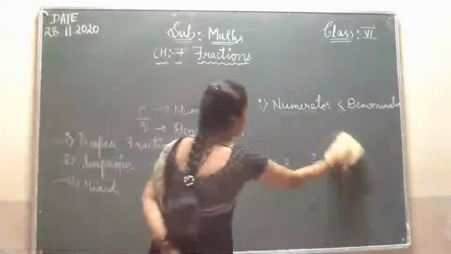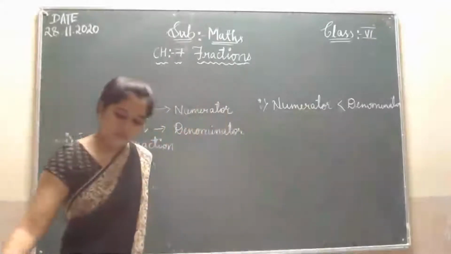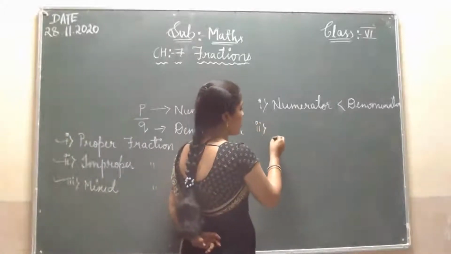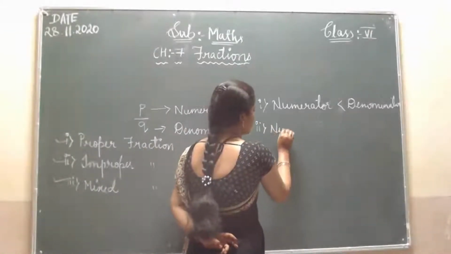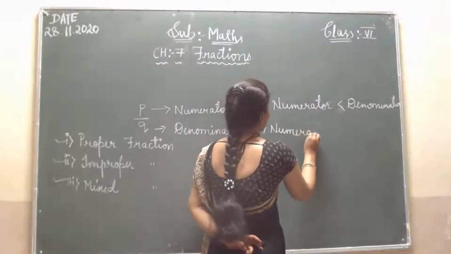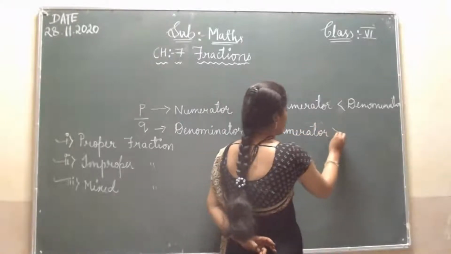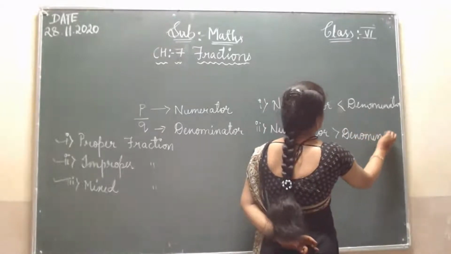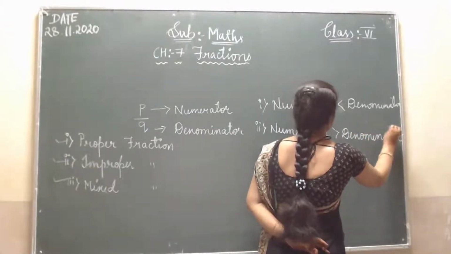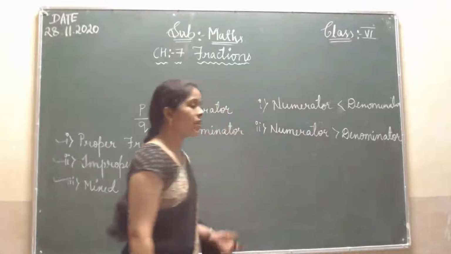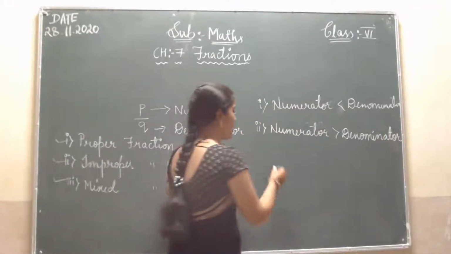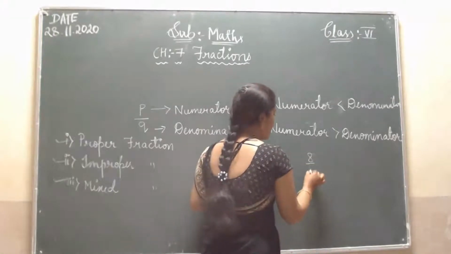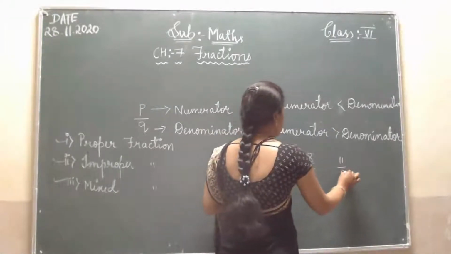Next, the second one is improper fraction. Here the numerator is greater than the denominator. Here 5 by 4, 8 by 5, 11 by 9.